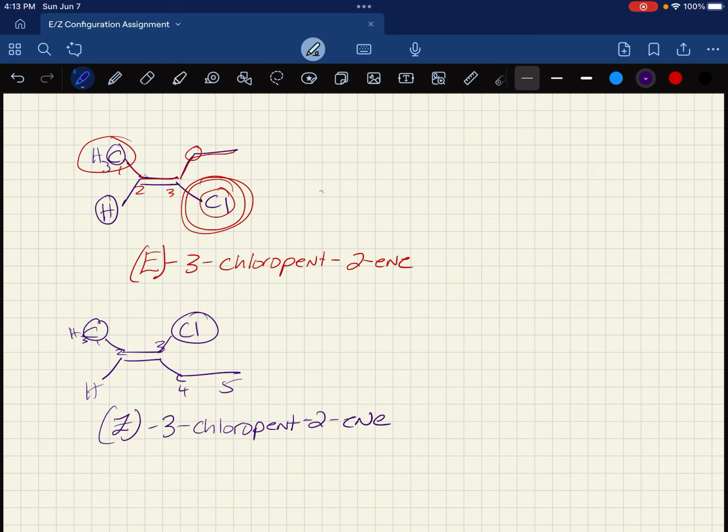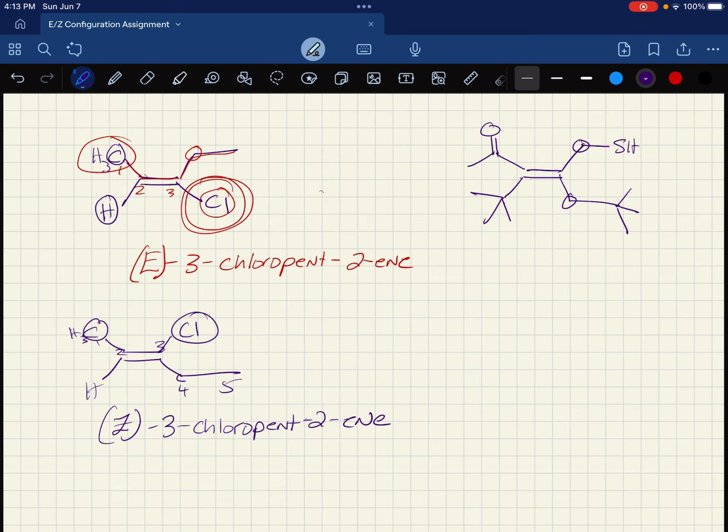Okay. All right, let's do at least one more example just to get more practice with this. Here we're presented with a tie on the right side. These are both carbon atoms.